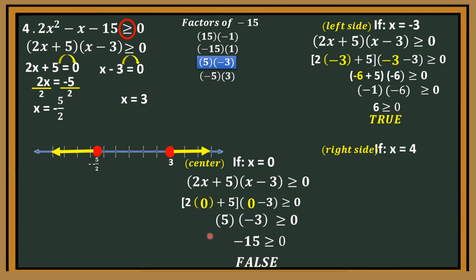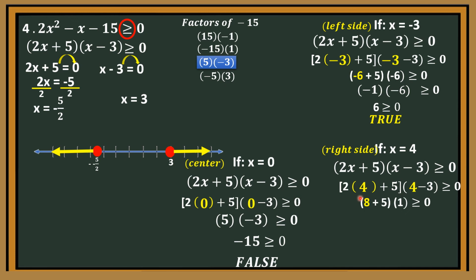Let's go to the right side. So, I'm going to use 4. Factor form, then substitution. So, copy si 2. Then, si x natin ay 4. Copy plus 5. X natin ay 4. Minus 3 is greater than or equal to 0. Then, multiply natin to. That is 8 plus 5. 4 minus 3, that is positive 1.